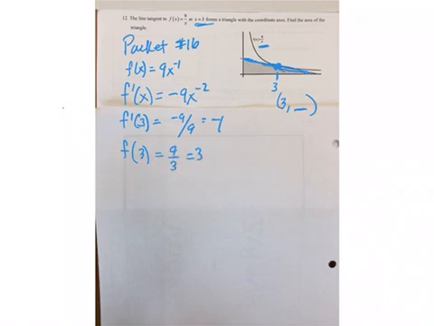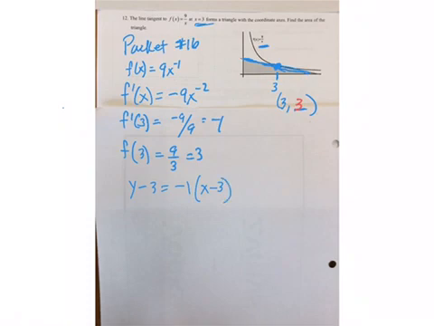That would give me 3. So I have the point (3, 3) to work with. If I use point slope form, I can find the equation of the tangent line: y minus 3 equals the slope times x minus 3.